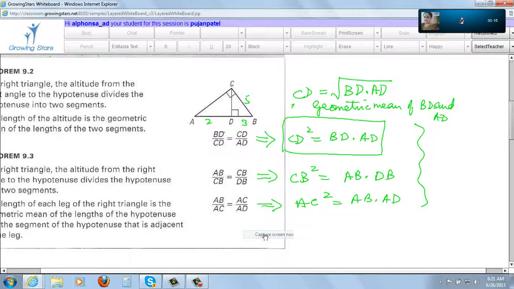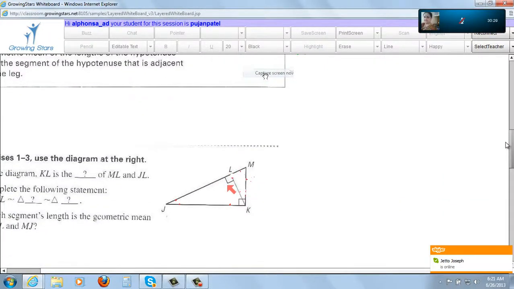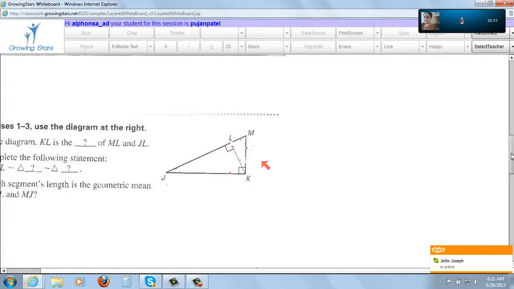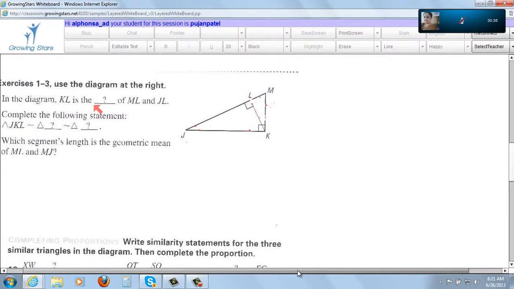Okay, look at this diagram. Again, it's the same situation, isn't it? We have a 90 degrees here, and from the vertex which contains the 90 degrees, we are drawing an altitude. So we have all the three triangles similar to each other. Now can you fill up the blank here?